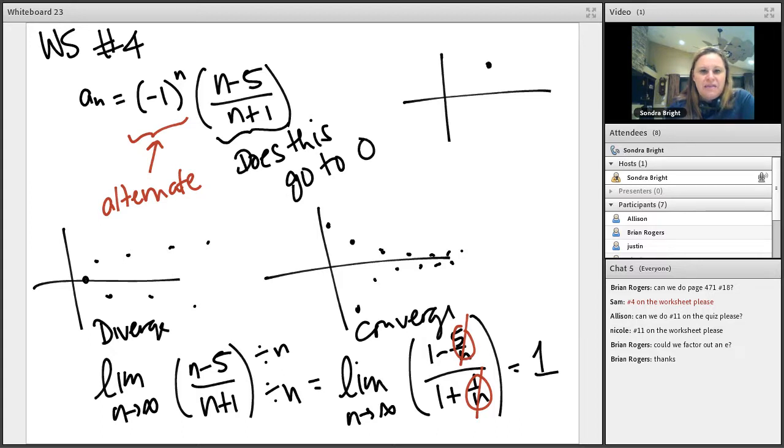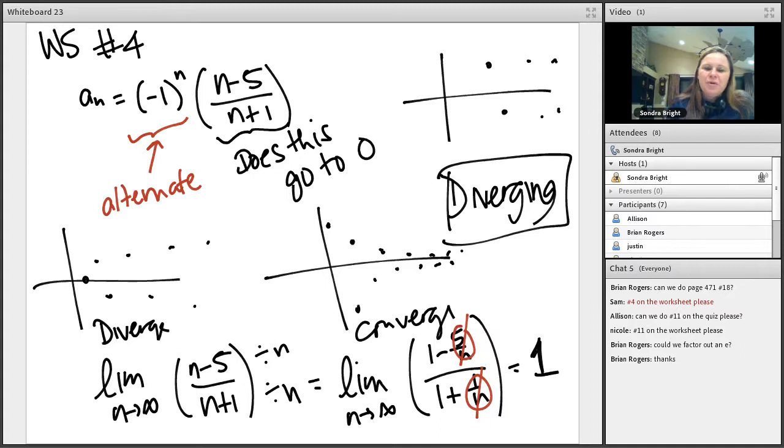And then the next one is going to be a negative value. a2 would be negative 3. It's alternating, but it keeps going up and down like that because that second term is not going to 0. And so that means that it's definitely oscillating and it's diverging because the terms are not going to 0.